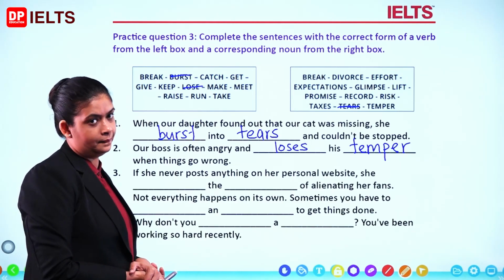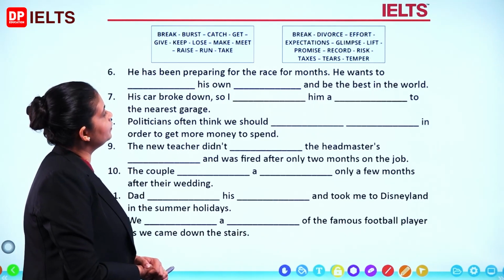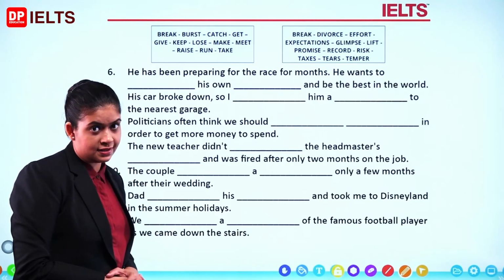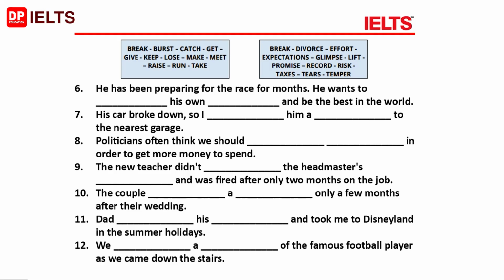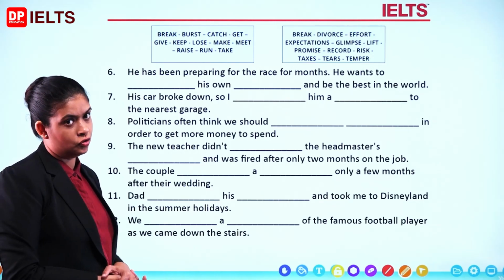Okay. He has been preparing for the race for months. He wants to blank his own blank and be the best in the world. His car broke down, so I blank him a blank to the nearest garage.